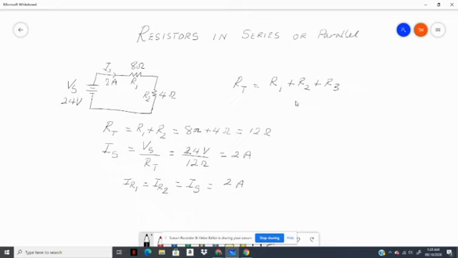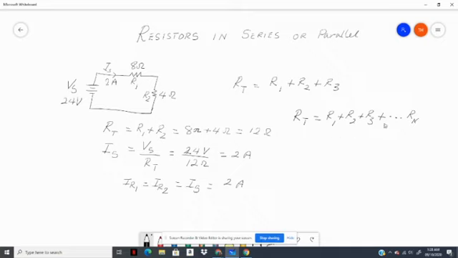So we can write that the general formula for resistors in series is R total is equal to R1 plus R2 plus R3 plus ... Rn. So whatever n is, we would have all the resistors added up to give a total resistance.